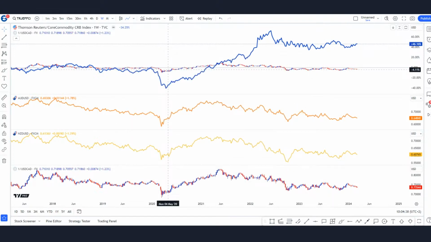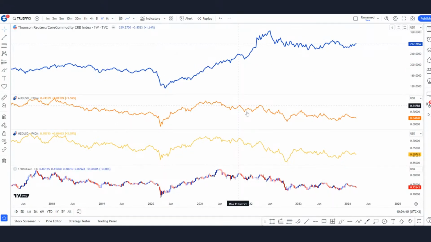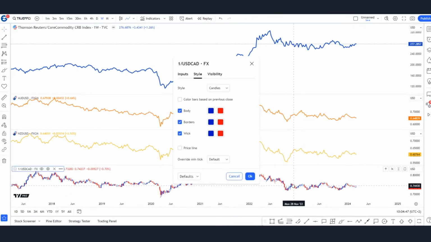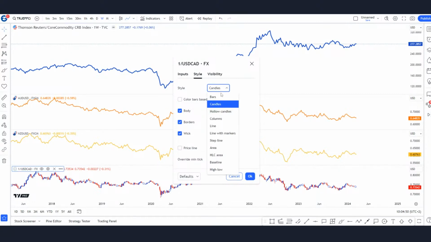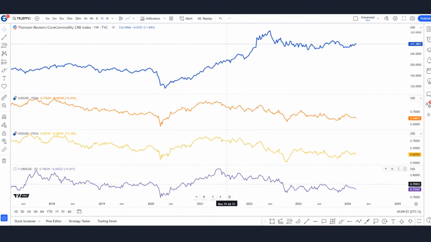Let's make this a line chart. Okay, we can even put in the rand here, but we'll have to invert it.